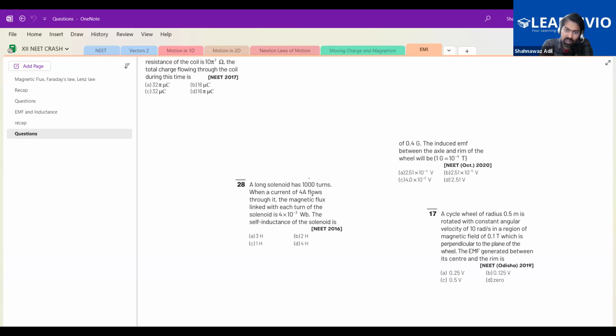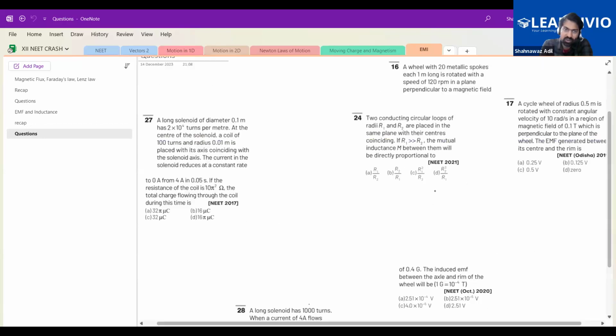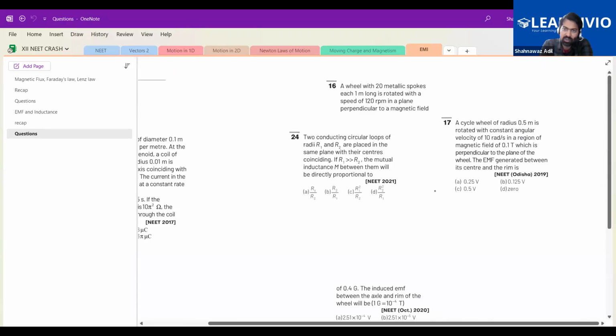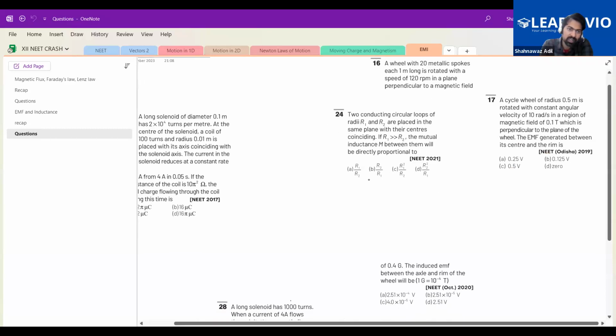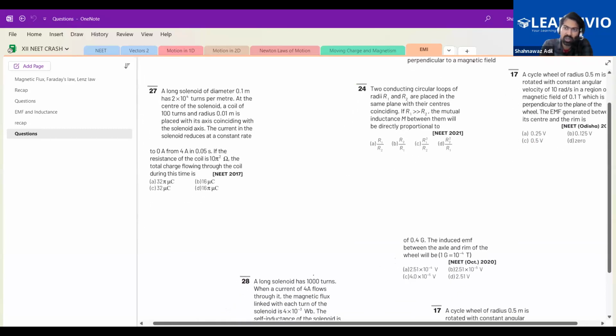When a current in amperes flows, the magnetic flux linked with the solenoid is this. Find the self-inductance of this solenoid. You have to use just the direct formula, so these would be some simple questions. So we'll skip this part and let us start the next chapter.